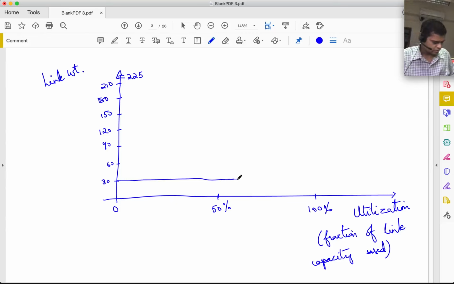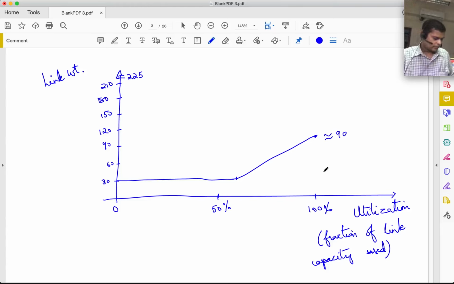And when it goes a little bit above 50%, then I start linearly increasing the weight. It stays constant and then I increase slowly. This is a straight line from here to here, so this is roughly 90.